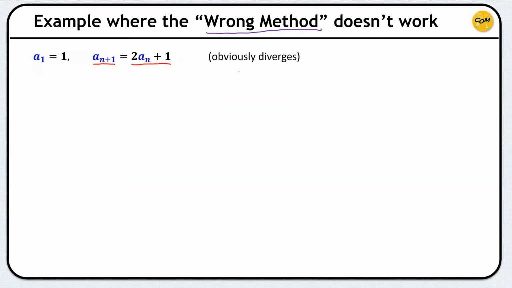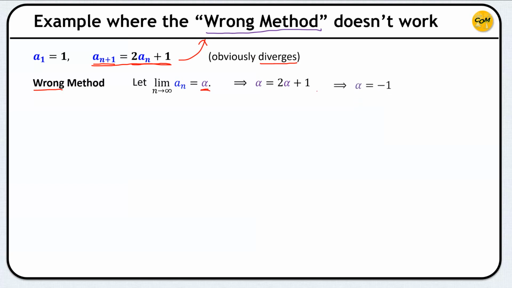You can already easily notice that the limit diverges because the recurrence relation implies that this is a sequence that increases faster and faster. However, if we try to use the wrong method and let the limit of a_n be alpha, we obtain alpha equals 2 alpha plus 1, hence alpha equals -1, which is the wrong answer by the way.